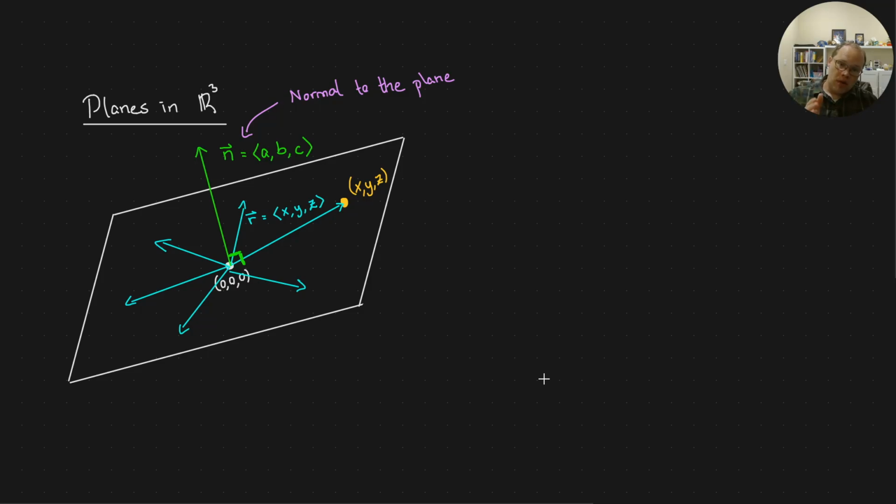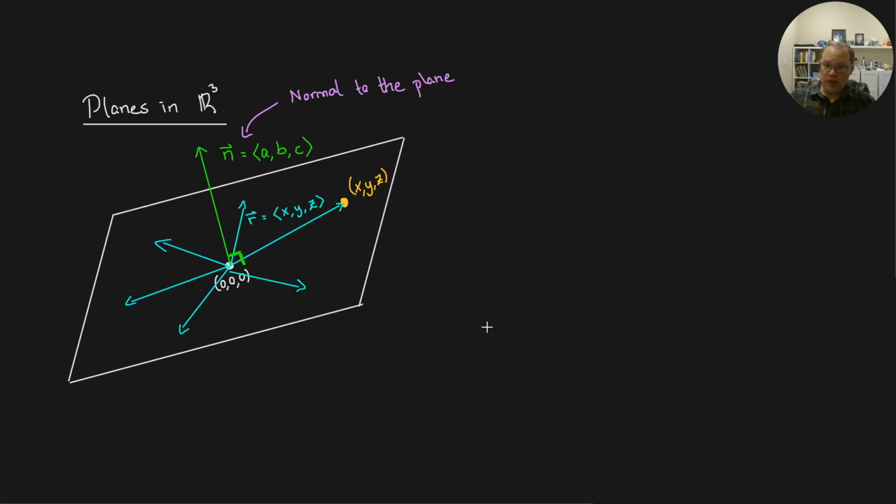The normal vector to a plane is a vector orthogonal to the plane. Okay, and notice, by the way, there's lots of choices here. I've drawn one example, but I could have made it longer or shorter, flipped the direction entirely. As long as it is orthogonal to the plane, it would be a vector normal to the plane. It would be a normal vector. Okay, so there's lots of choices I could make here.